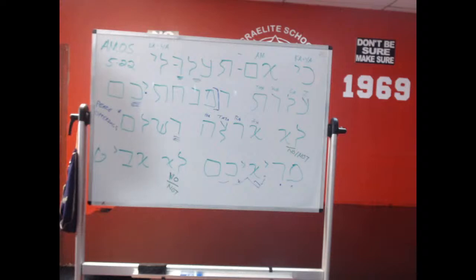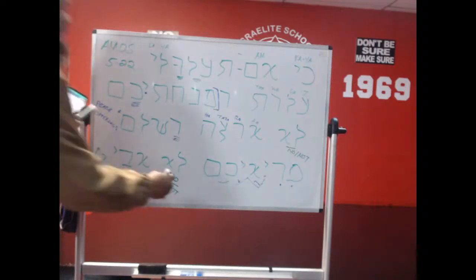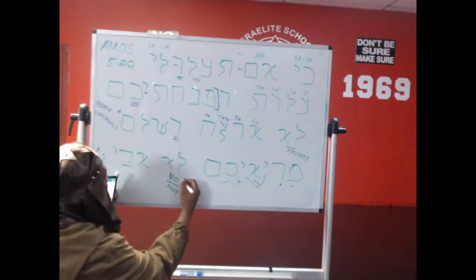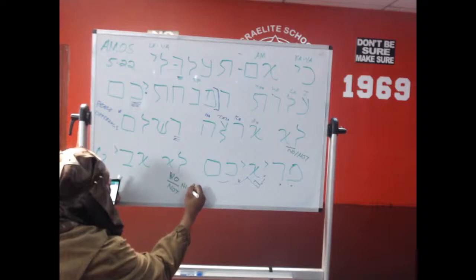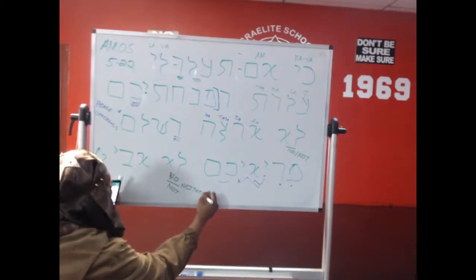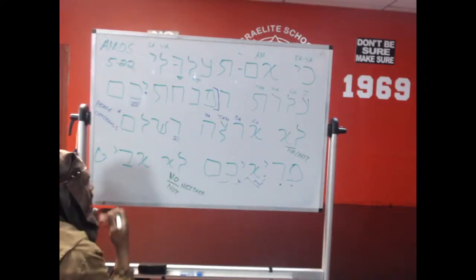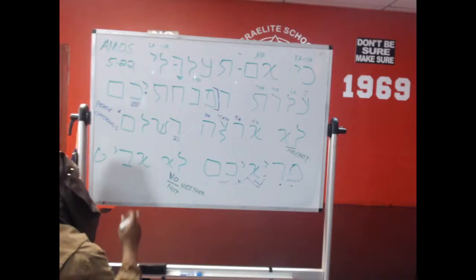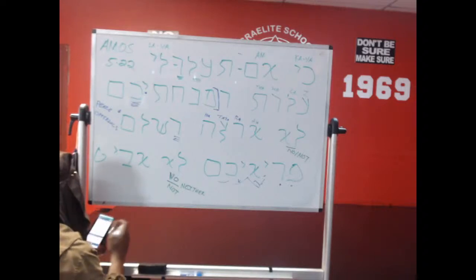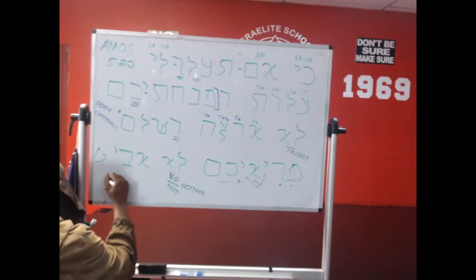Then we have Abayat. Also, in this text here, La'ah is going to be neither. So pretty much, La'ah is any kind of no, not, and neither. Then Abayat is regard.